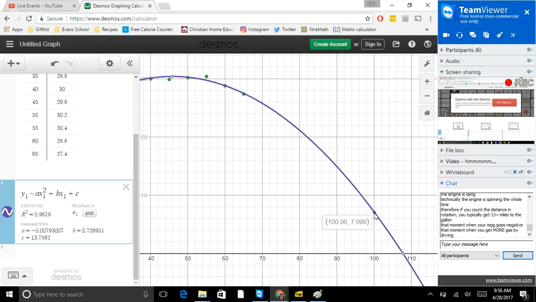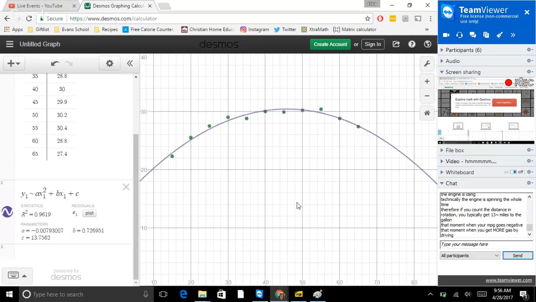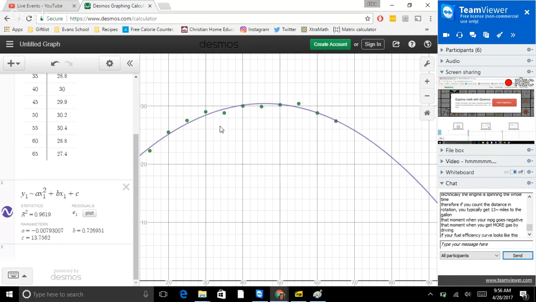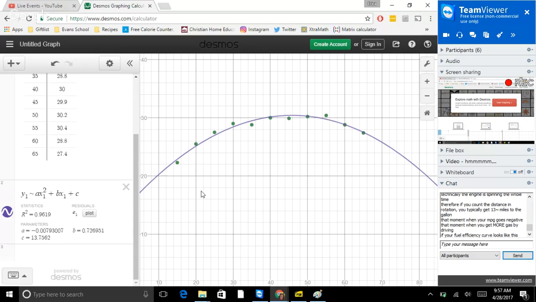If you're over 110 miles per gallon, it's giving back to you. So you can see that best fit models are a way to model our data to make some predictions, but they're not perfect.